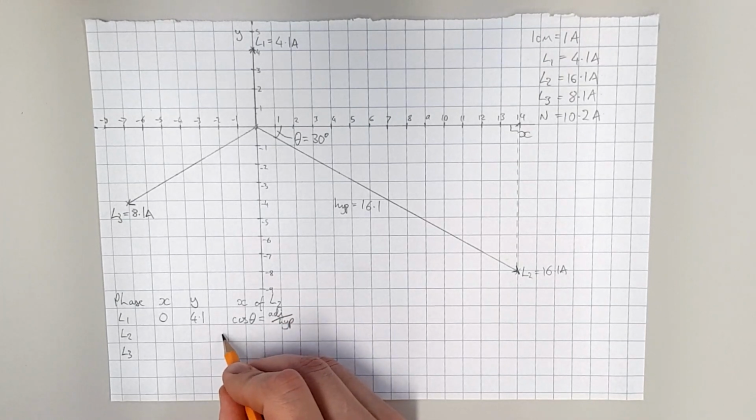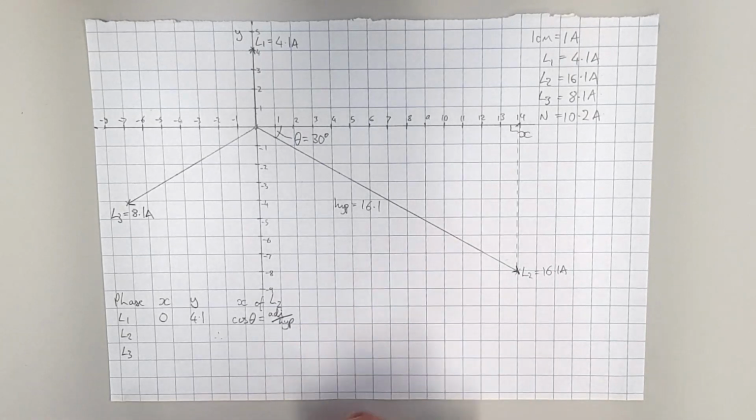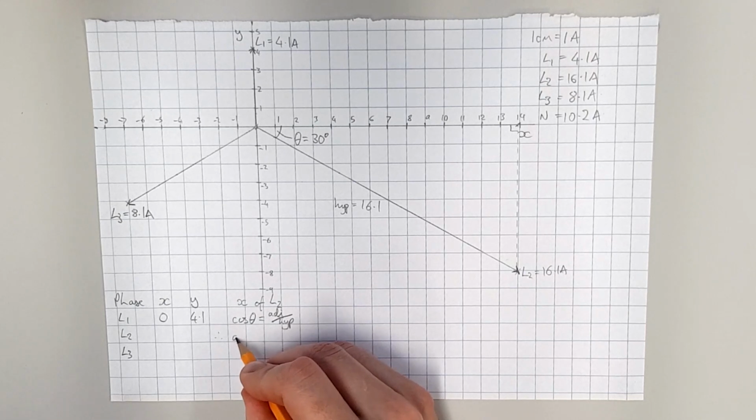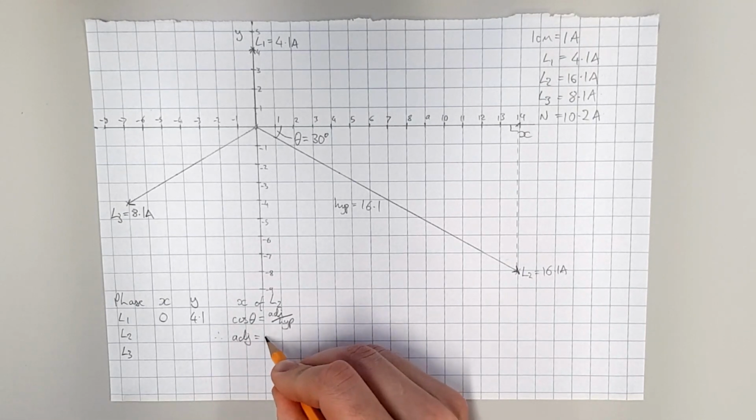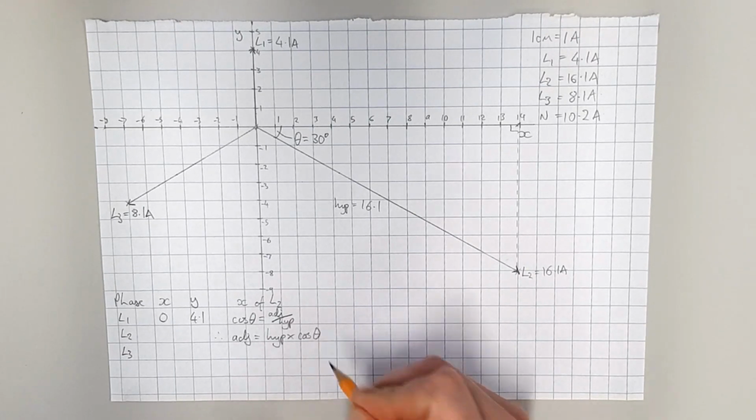So we need to transpose this formula. At the minute, we've got the adjacent divided by the hypotenuse. The opposite of dividing by the hypotenuse is to multiply by the hypotenuse. So we end up with the adjacent being equal to the hypotenuse multiplied by the cosine of theta.